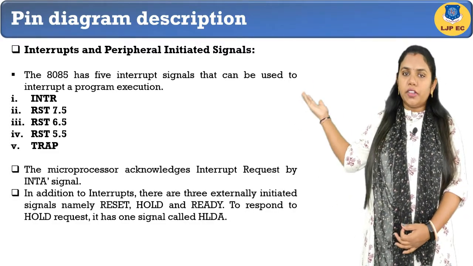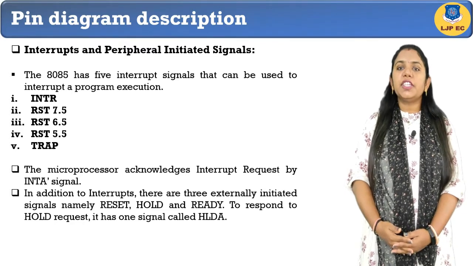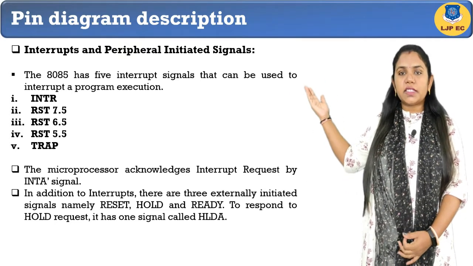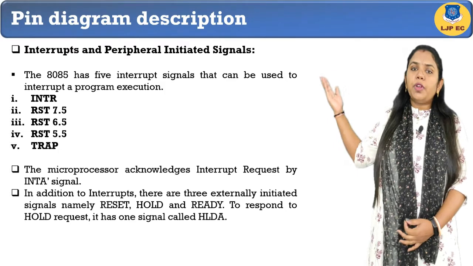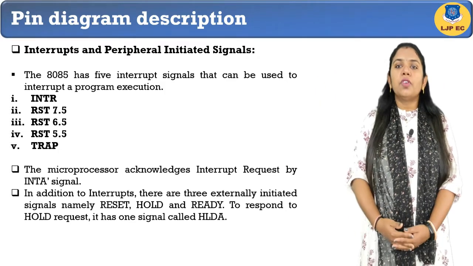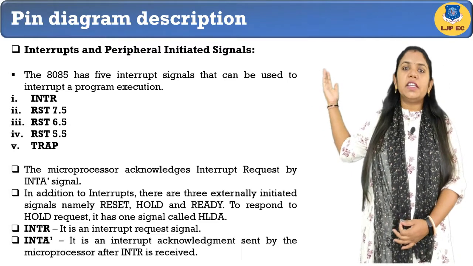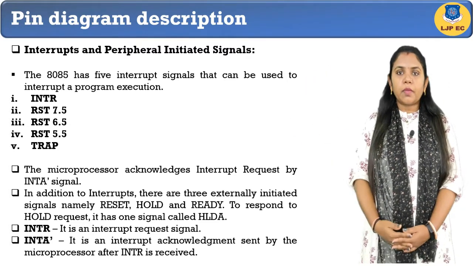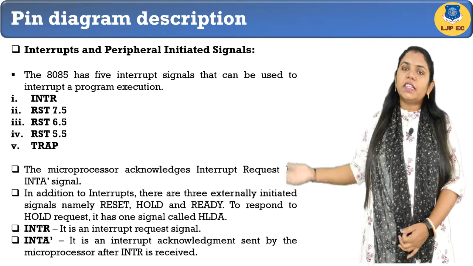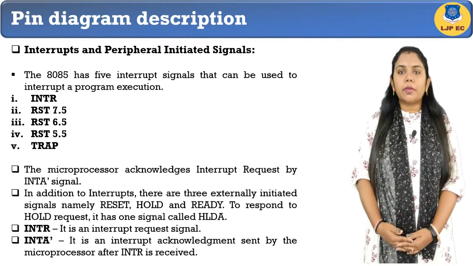In addition to the interrupts, there are externally initiated signals, namely reset, hold and ready. To respond to a hold request, it has one signal called HLDA. Next, INTR. It is an interrupt request signal. INTA bar. It is an interrupt acknowledgement sent by the microprocessor after INTR is received.